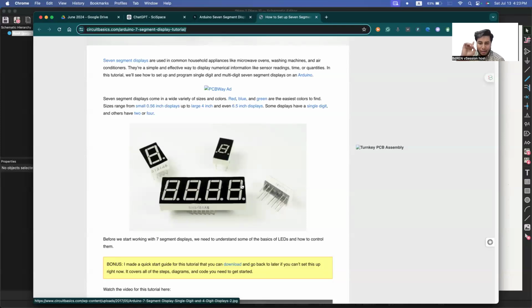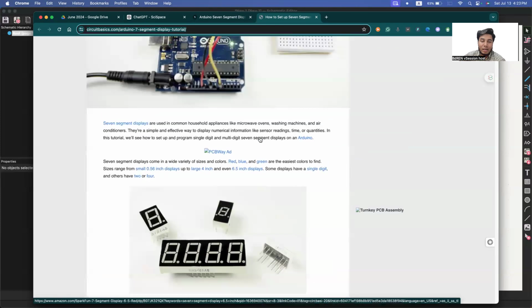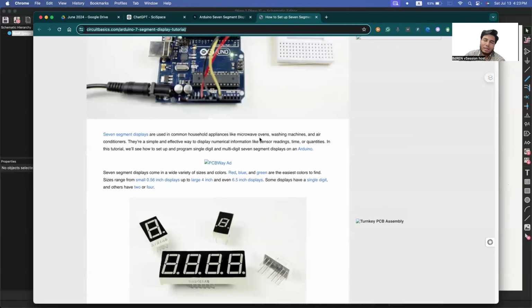Every segment is considered to be an LED, which is a diode, and each LED will require some voltage and some current, and that must be optimized.